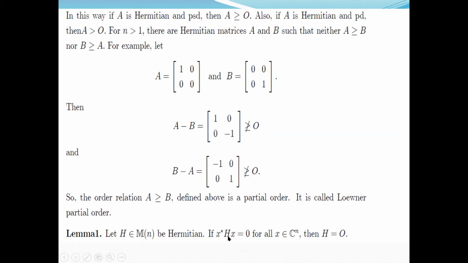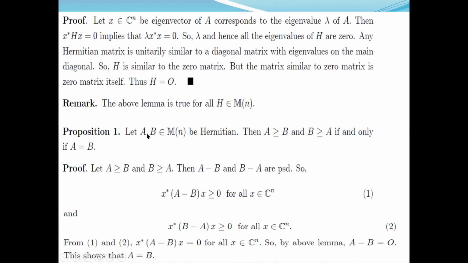It is also Hermitian, so all its eigenvalues are 0. So it must be a 0 matrix because it is a diagonalizable matrix similar to the 0 matrix, and the 0 matrix is similar to itself only. The above lemma is in fact valid for all H belonging to Mn.